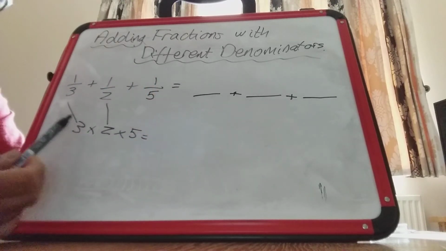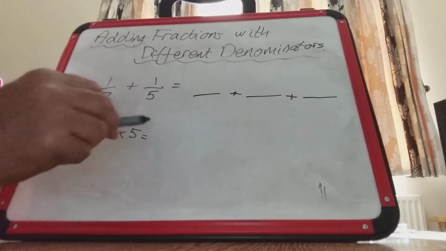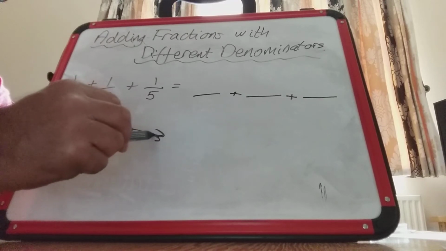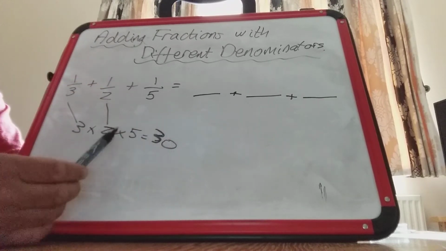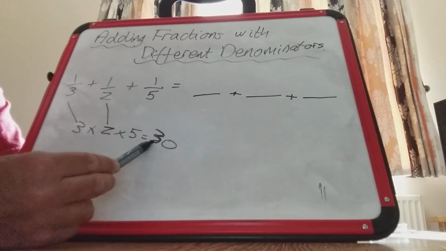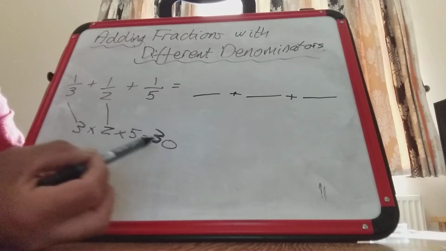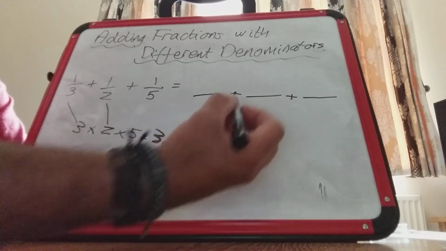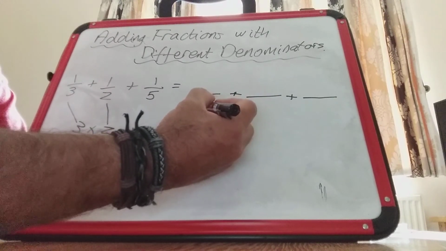Okay, so 3 times 2 is 6, times 5 is 30. Okay, if you don't believe me, 5 times 2 is 10, times 3 is 30, or 5 times 3 is 15, times 2 is 30. So therefore, that is our new denominator.